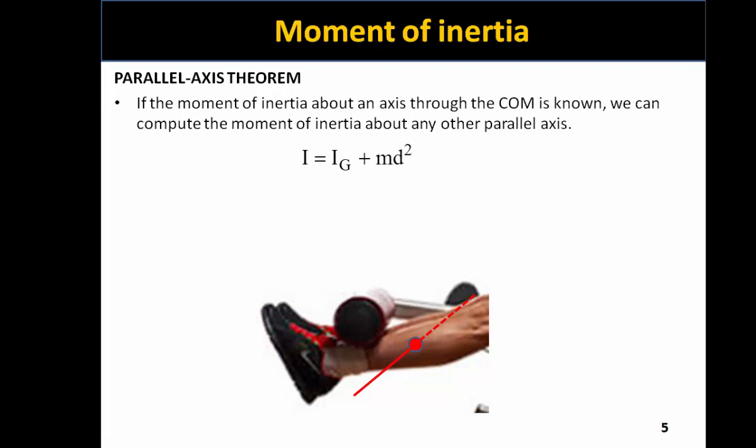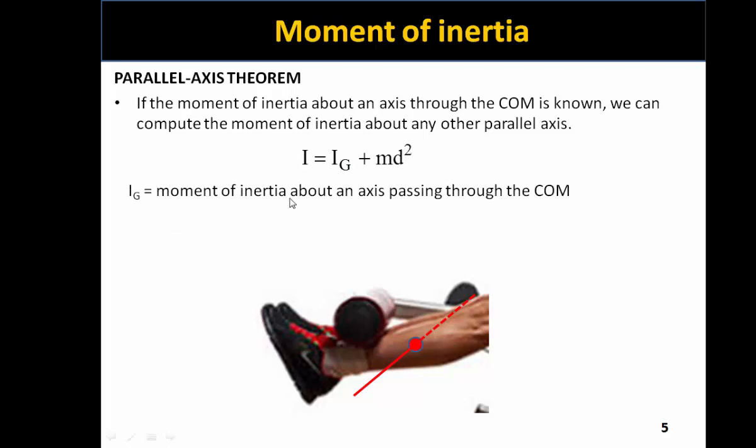In that sense, the moment of inertia about any point is equal to the moment of inertia through the center of mass plus the mass of the object times the distance between the axes squared.